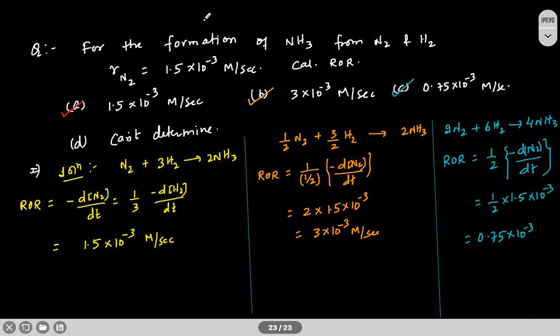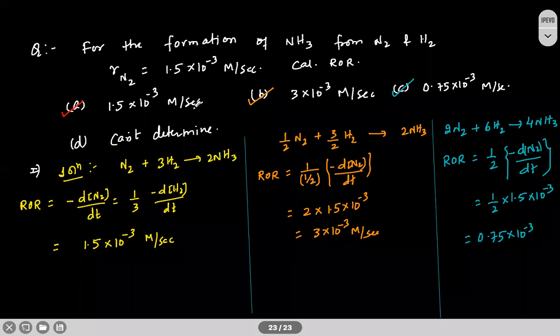It is not mentioned in the question how many moles of NH3 we should get. It just said N2 and H2 react to form NH3. So you have taken this reaction, I have taken this, and someone has taken this. So we three are getting three different answers which are there in the options, and all three cannot be correct because the condition of the reaction is the same. When the reaction proceeds, it must have one single rate of the reaction.